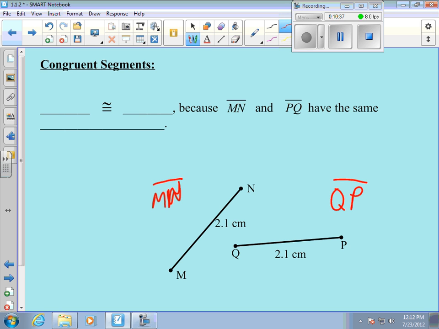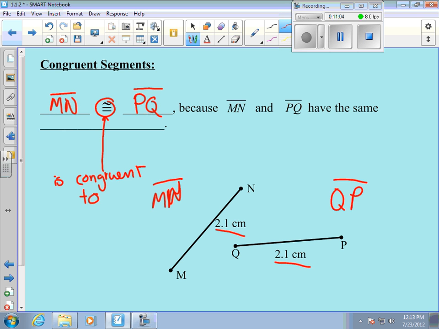All right, so I'm going to fill in that segment MN is congruent to, this symbol right here that we read is congruent to, segment PQ. Because segment MN and segment PQ have the same, well, if we look here, they have the same measures. They have the same measure.